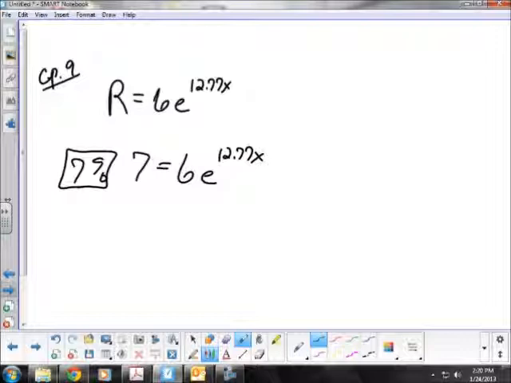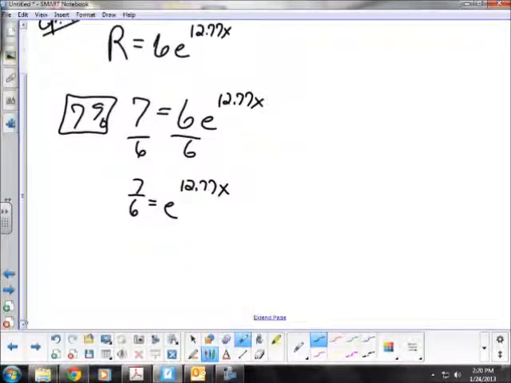Now, this becomes just one of those problems that we learned last time how to solve. How do we solve this? Get the e by itself, so what do we do first? Divide by the 6. So we've got 7 over 6 equals e to the 12.77 times x. Now what do we do? Take the ln of both sides. So we've got the ln of 7 over 6 equals the ln of e to the 12.77x.